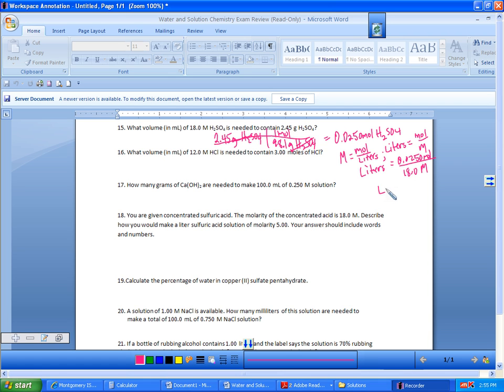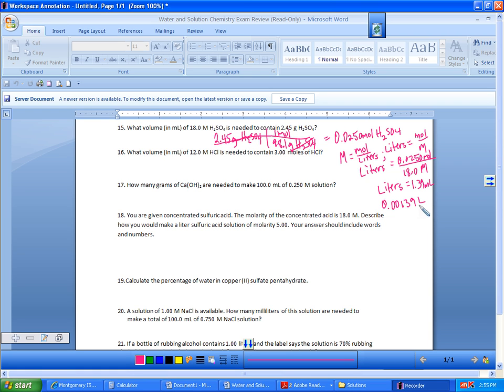So when I did that, I got the liters to equal, I got 1.39 milliliters. Now when I first saw it on my calculator, it was 0.00139 liters, but I converted that to milliliters. Doesn't really matter. It works either way.